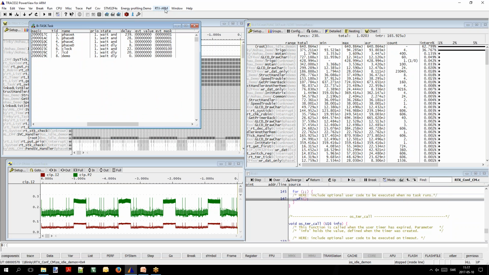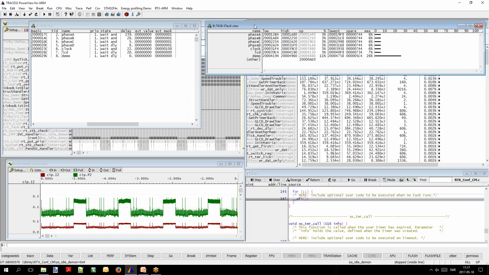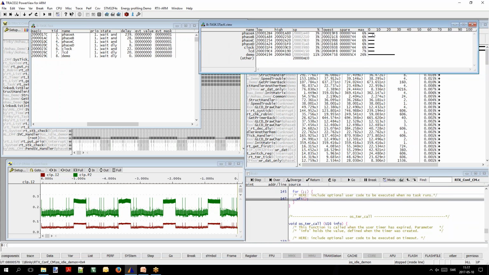It will show the state, and I'm also able to show the stacks, so how much is the maximum consumption of the stack and how much are we currently consuming. Depending on the RTOS that you are using, the menu will look slightly different and the things you can look at will be slightly different.